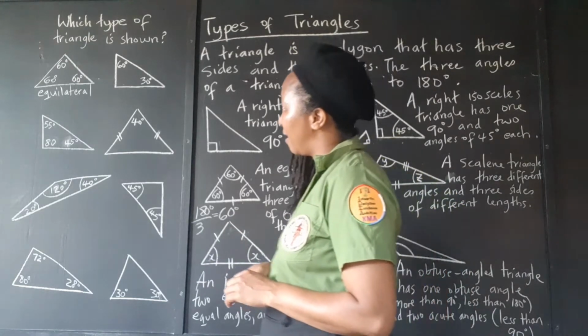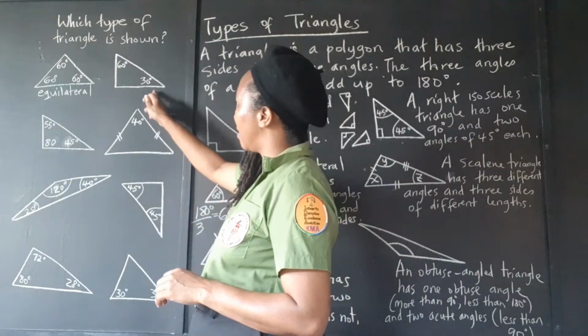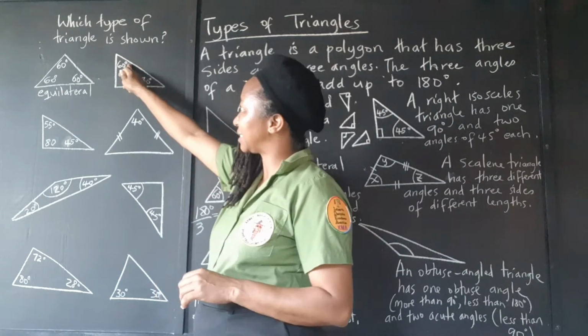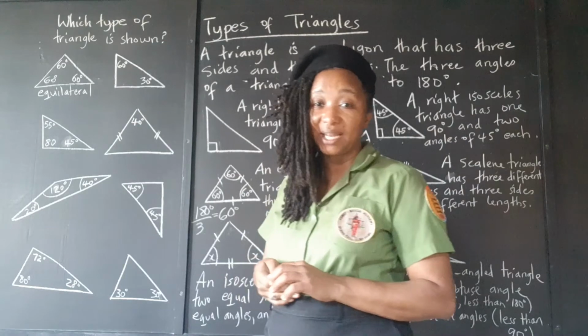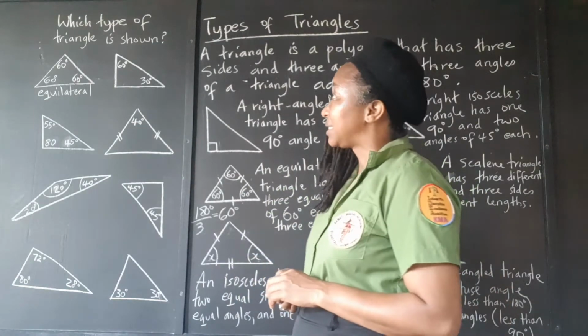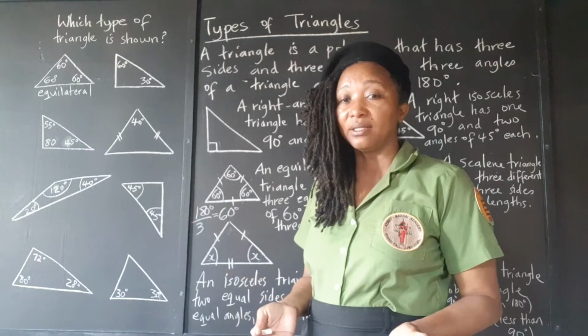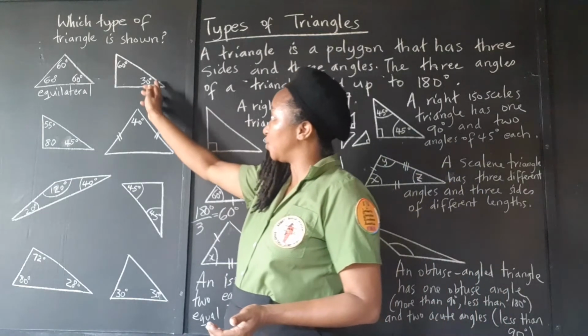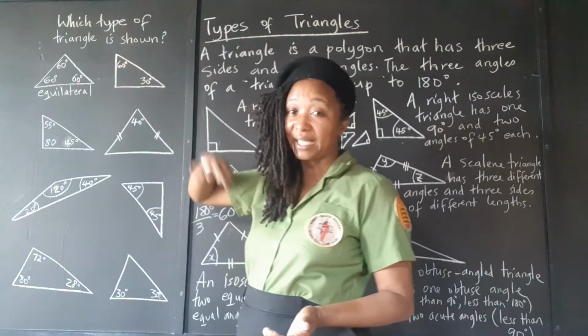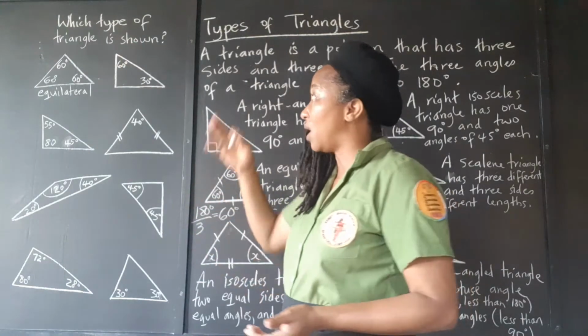Now here we have this triangle, 30 degrees, 60 degrees. We're not told what this is, but we can easily find out. Since we know all the angles must add up to 180, and we know these two, 30 plus 60 gives 90, the other one must be 90.